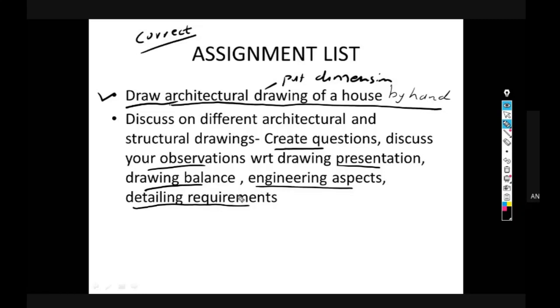So as an architect, you are drawing the as-built drawing. Do you know as-built drawing? What do you understand?